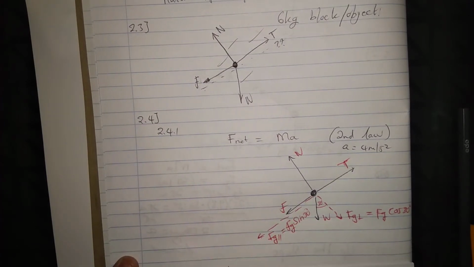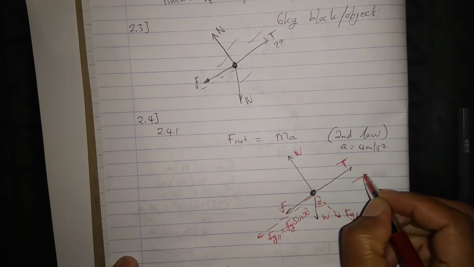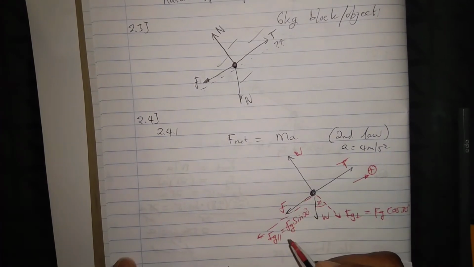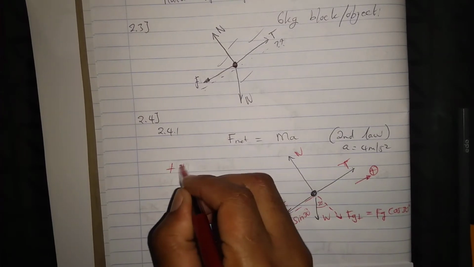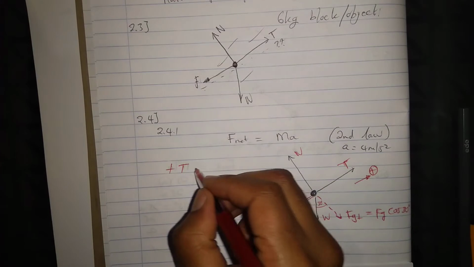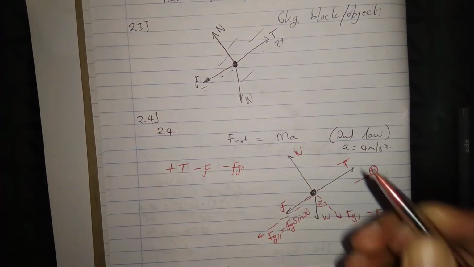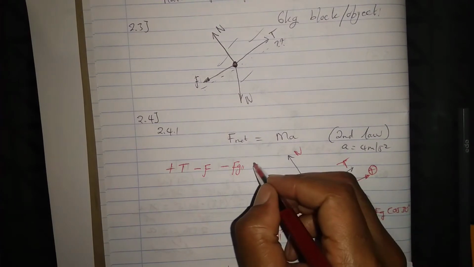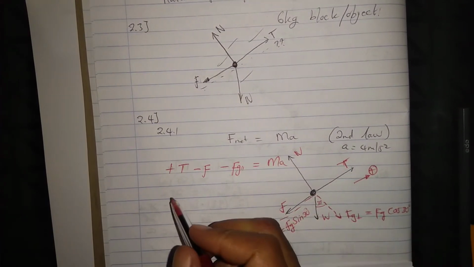Now let's choose up the incline as positive, so it's going to be plus T minus F G parallel, and it's equal to MA, mass times the acceleration.